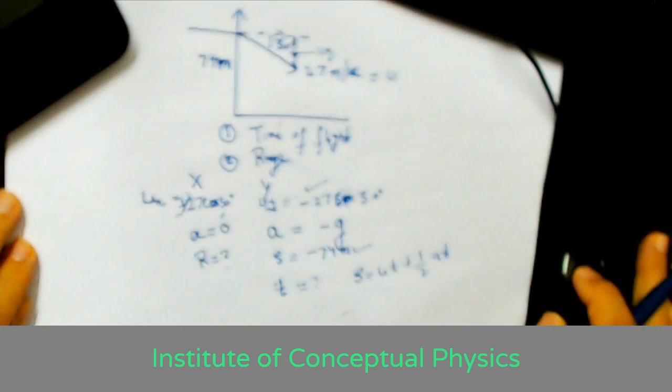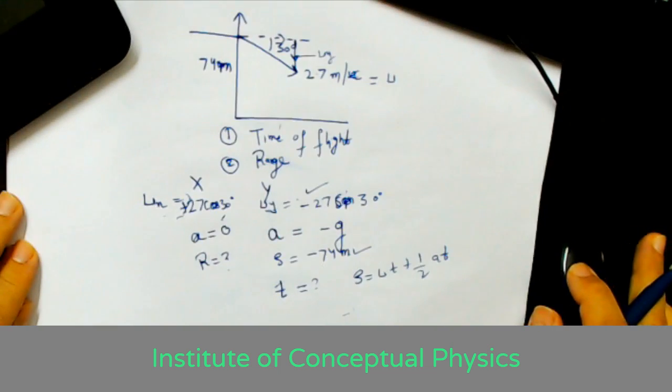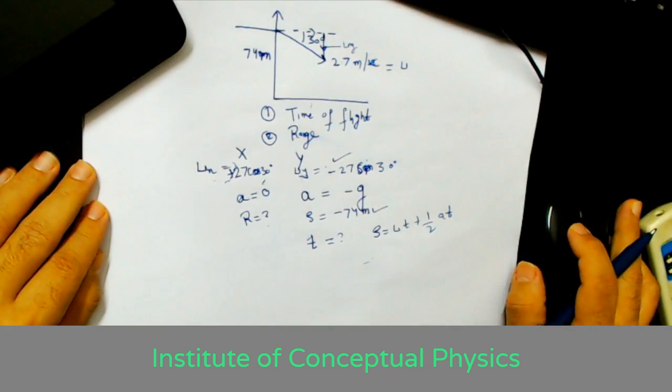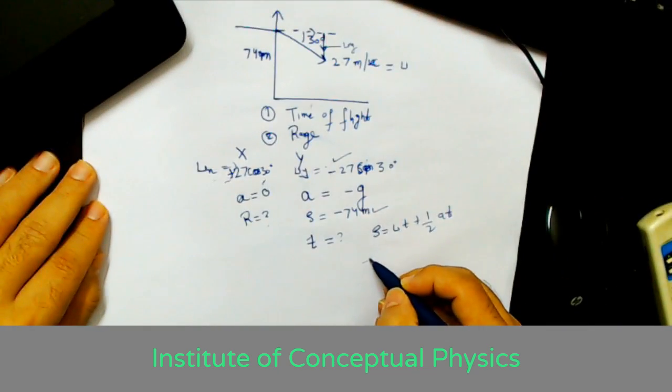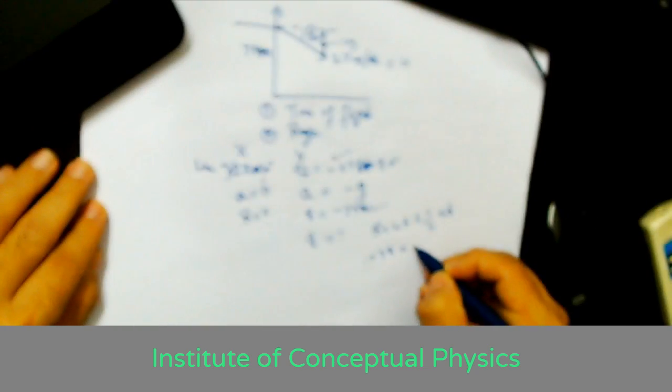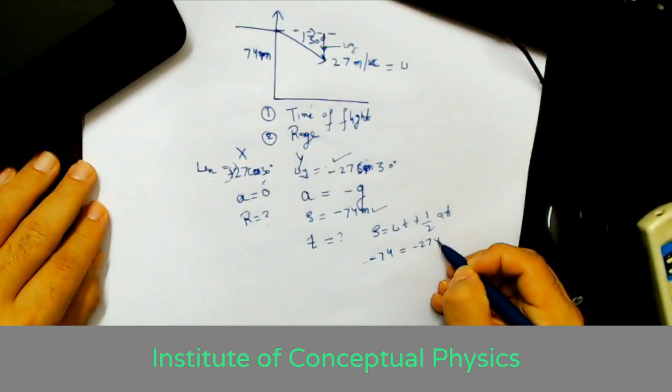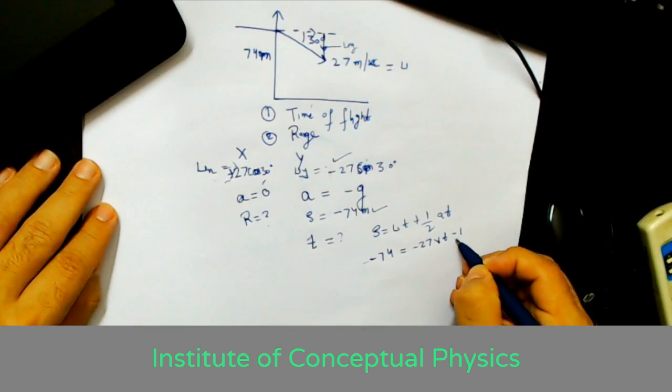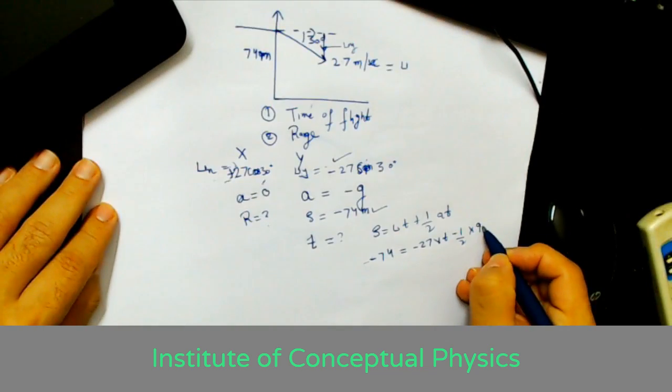So let's apply the sign convention and put this as minus 74 is equal to minus 27 into t minus half into 9.8 into t squared.